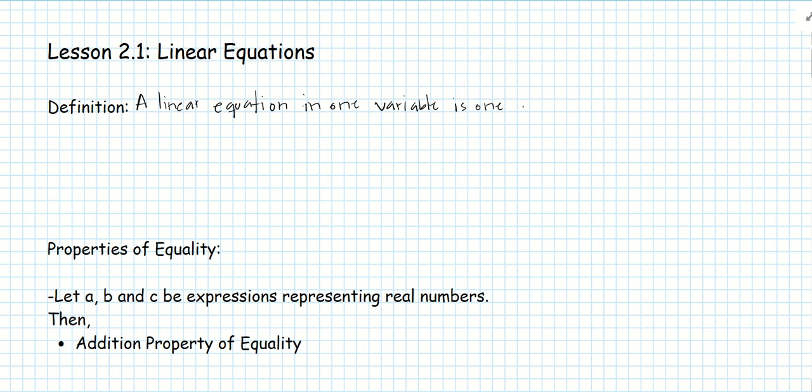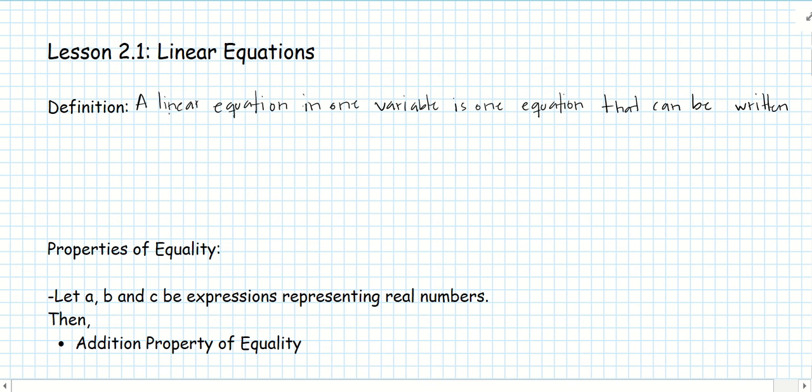Is one equation that can be written in the form ax plus b equals 0.